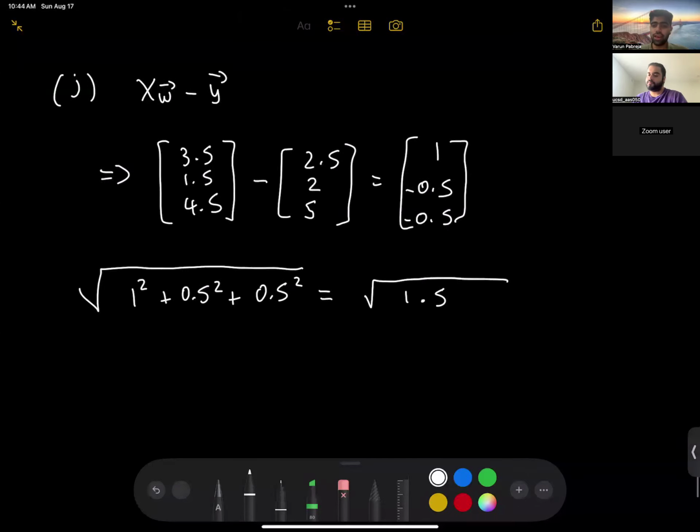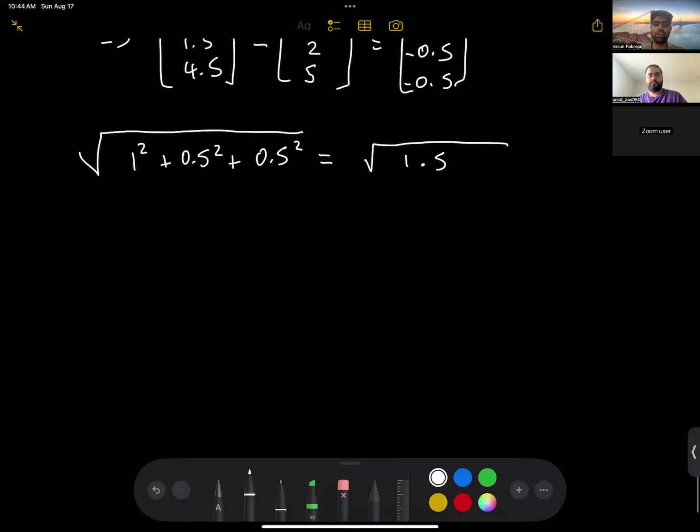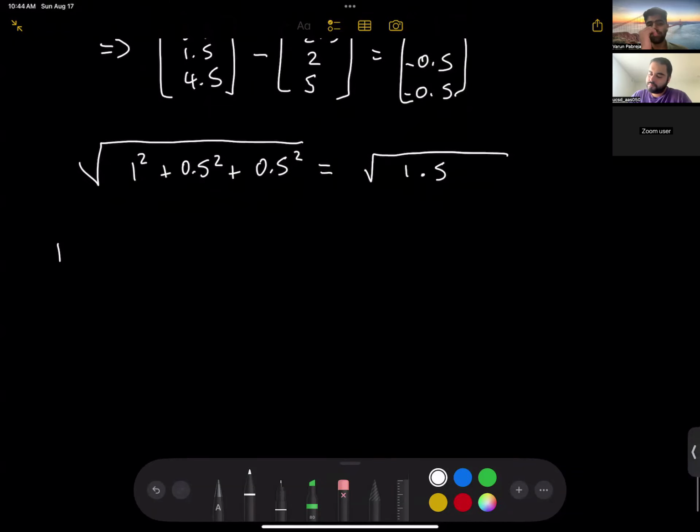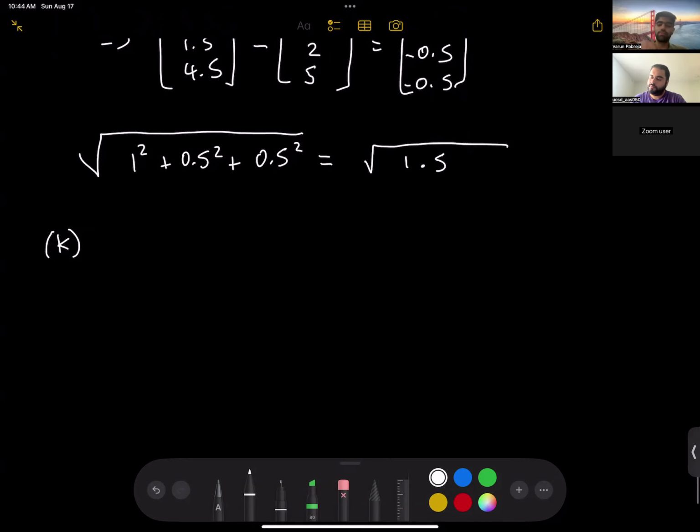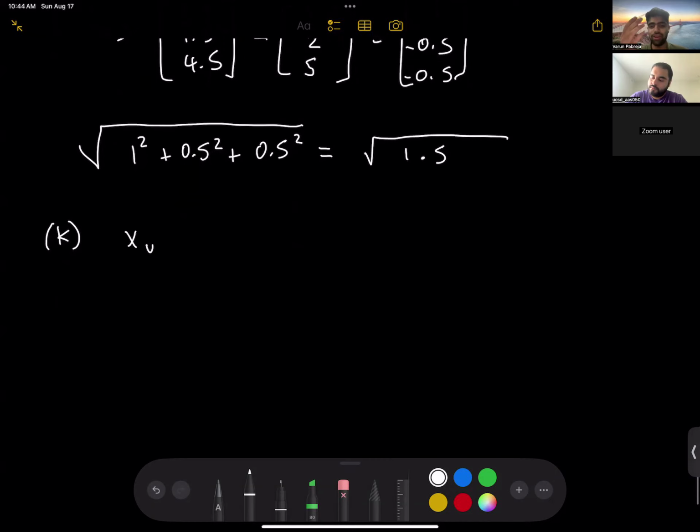And then part K, we're looking at the relationship between the vector XW minus y and the mean squared error that we looked at in one of the previous parts. The length of the vector XW minus y that we had was square root of 1.5. Squaring this gives you 1.5, and then taking the mean of this, which is 1 over 3, because we have only 3 data points, gives us the mean squared error of 0.5.